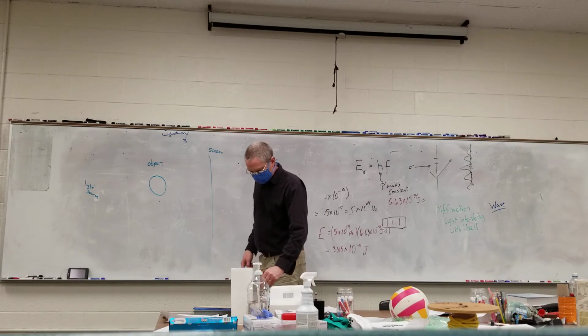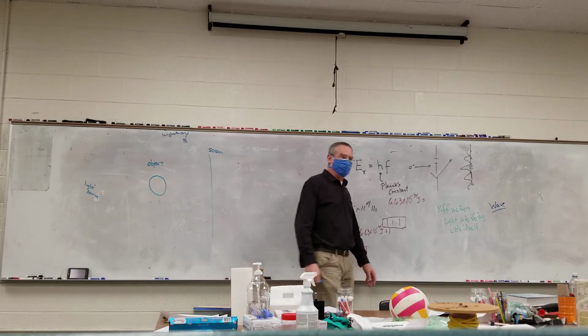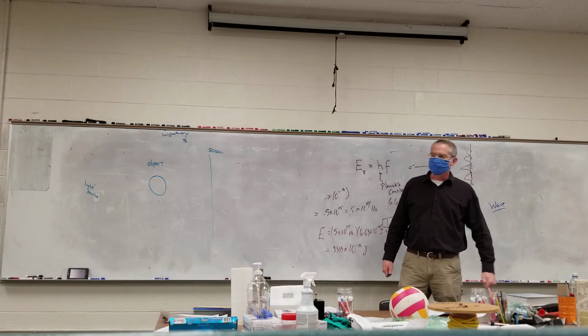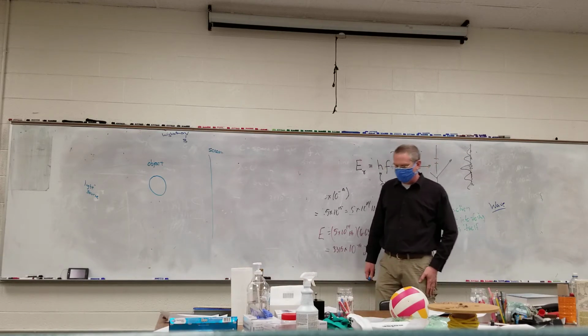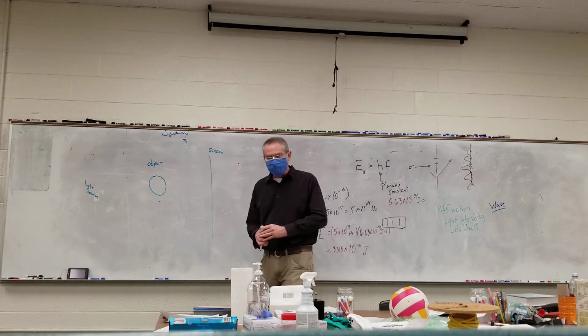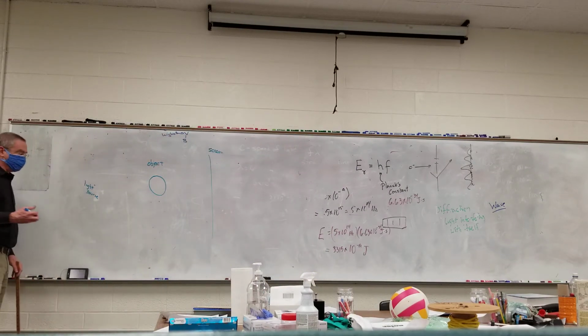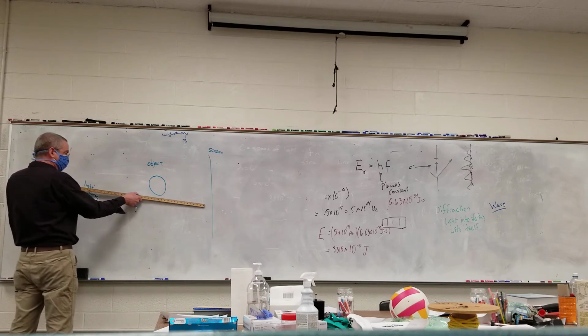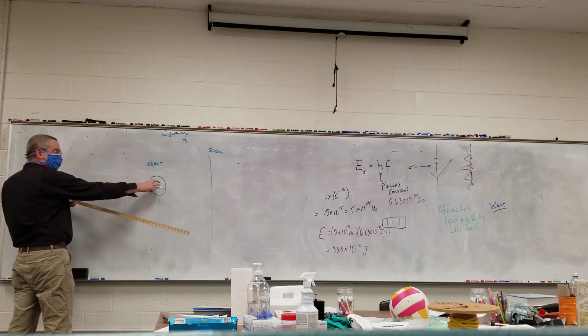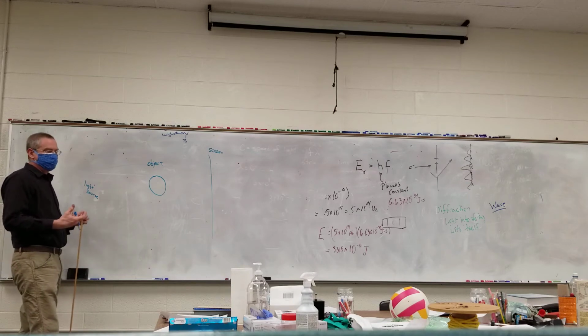All right, so assuming that this mass is not big enough to cause a curvature in space and time, at least not noticeable without multi-million-dollar equipment, light travels in a straight line, so I would expect that any light within this area right here is going to hit the object and we'll assume absorbed.